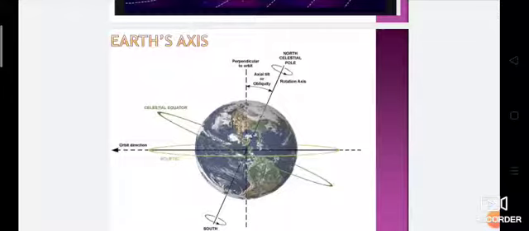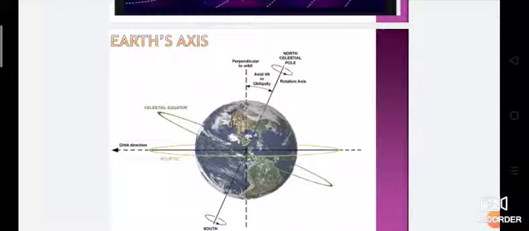Now, if we talk about escape velocity, the term escape velocity means the velocity from the Earth's surface required to escape from the Earth's gravitational force.